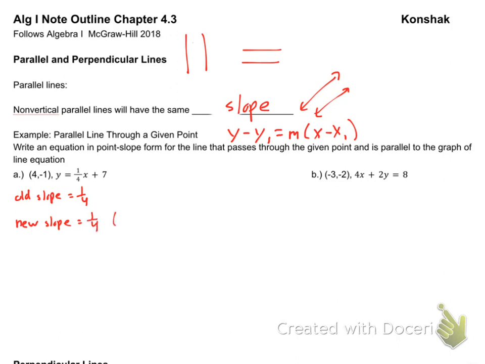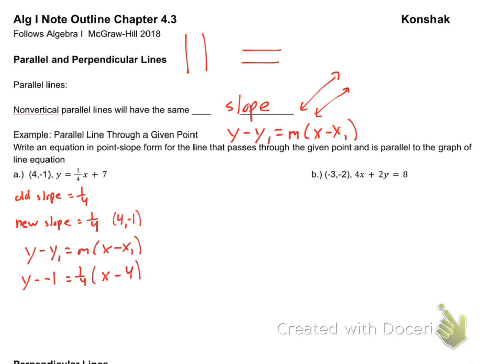And then I copy the point right down, and that's (4, -1), and I now can write the equation because I have a point and a slope. And so I'm going to use y minus y1 equals m times x minus x1 and start filling it in. So y minus -1 equals 1/4 times x minus 4.